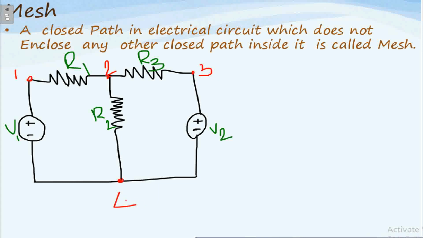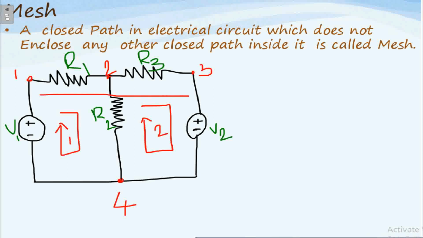Third node, and this is your fourth node, and this is your loop 1, always in the clockwise direction. This is loop 2, and this is loop 3. So totally how many loops are we having? 3 loops. Let us examine whether loop 1 is a mesh or not.